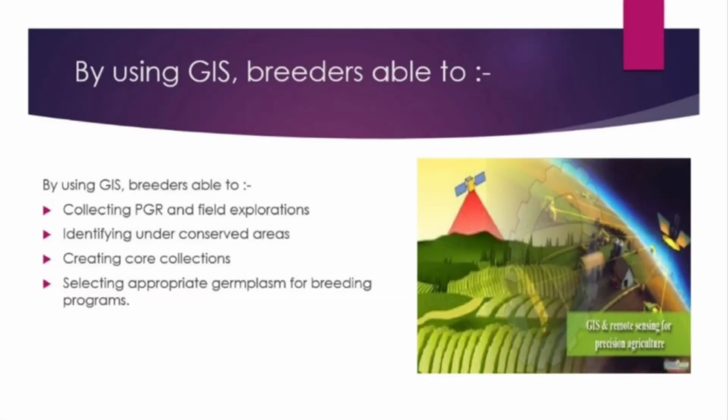What breeders can benefit from GIS is that breeders can collect the PGR and do field exploration. Then breeders can identify under-conserved areas, create collections of important PGR, and select the appropriate germplasm for the breeding programs.